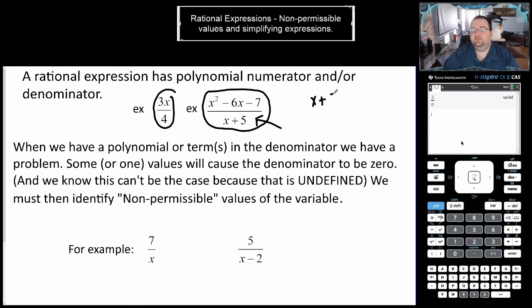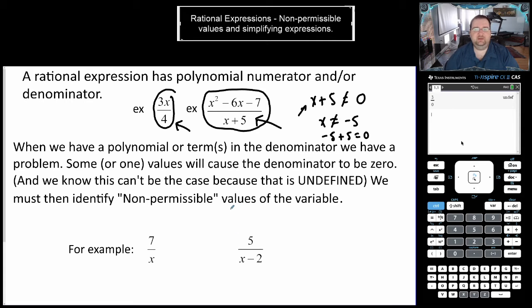So x plus 5 cannot equal 0, because when it's 0, it's going to make the whole function undefined. This one will not have any non-permissible values, but this one will have a non-permissible value, and x cannot equal negative 5. Why? Because when you plug negative 5 in here, negative 5 plus 5 equals 0. So x cannot equal negative 5.